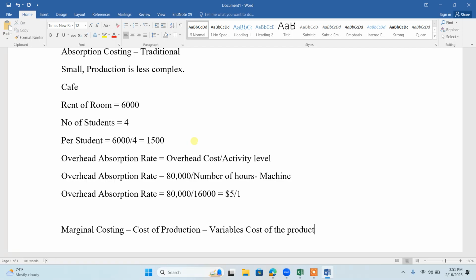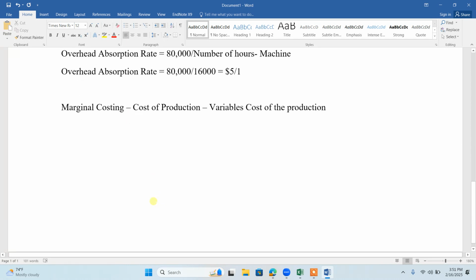Variable cost of the production. We do not ignore the fixed cost, but we consider fixed cost as a part of the accounting year cost. We deduct it to find out the net profit, but we do not consider it in the production cost.